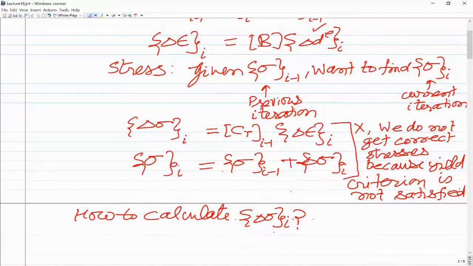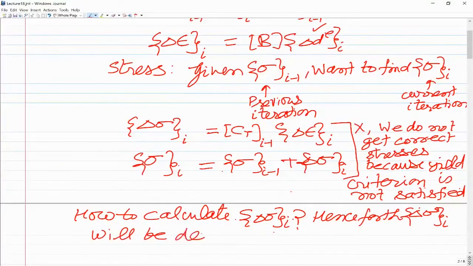Henceforth, till I finish discussing this evaluation of stresses, this delta sigma I will be denoted simply as delta sigma.